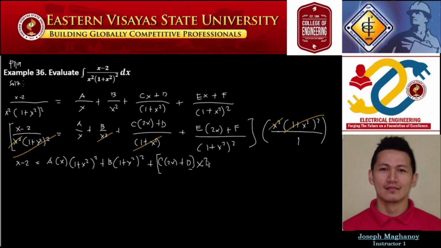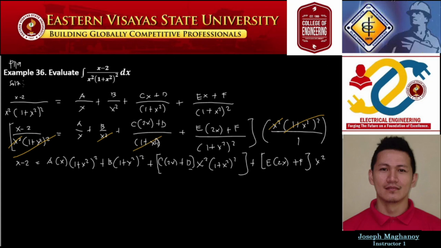You will copy only the distinct x squared and (1 + x squared) squared. So that is your third term. How about your fourth term? You only copy the distinct linear factor, that is 2x plus F, times x squared.